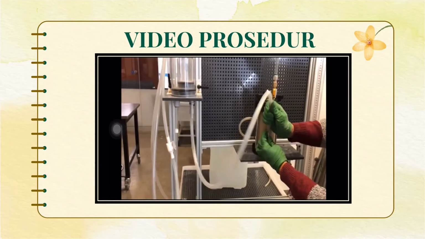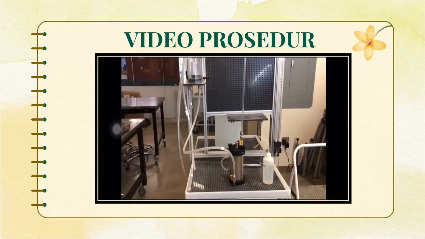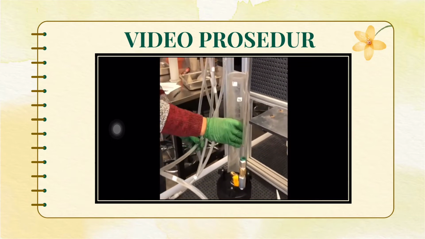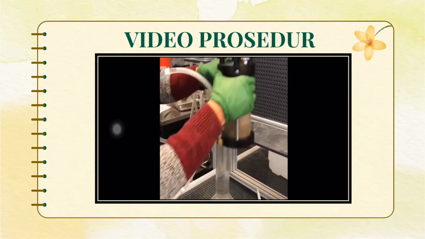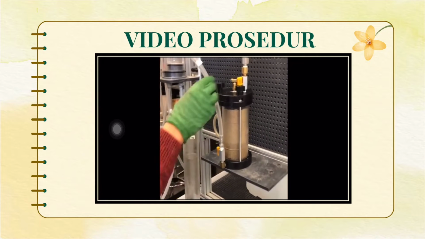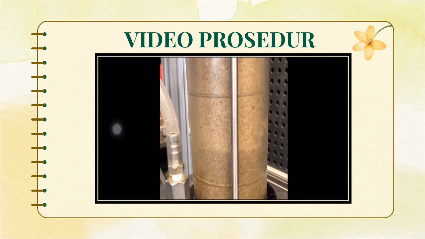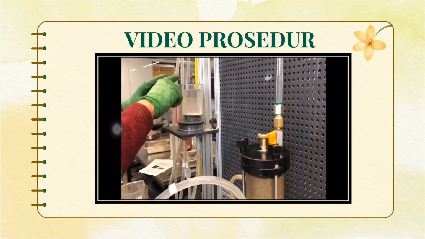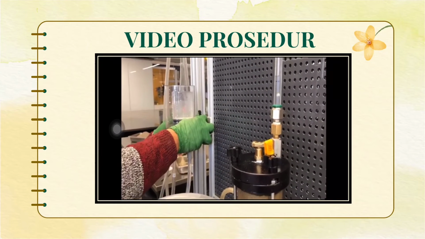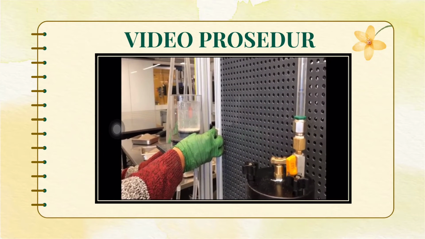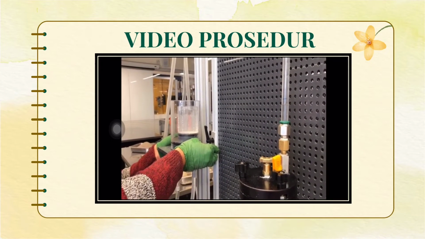Then connect C2 to the bottom valve of the permeability cell. Fill the bottom receiver with water to saturate the soil and remove all bubbles from the system. Adjust the water level at the bottom of the receiver to match the height of the water in the vertical pipe tube.